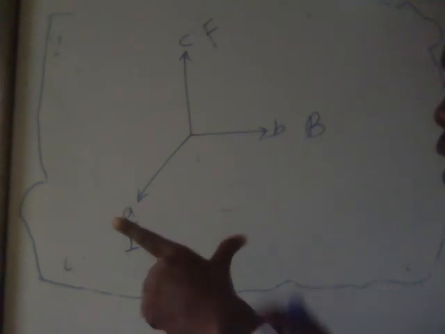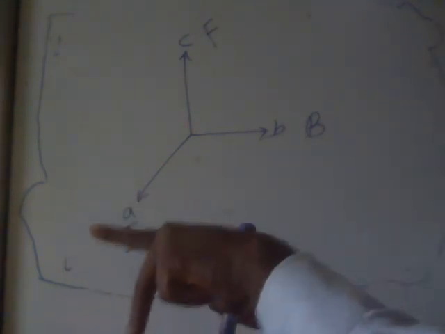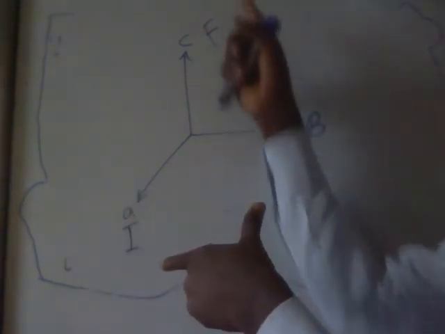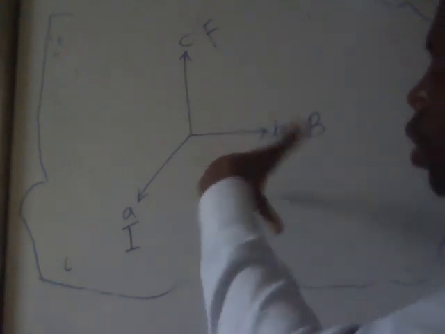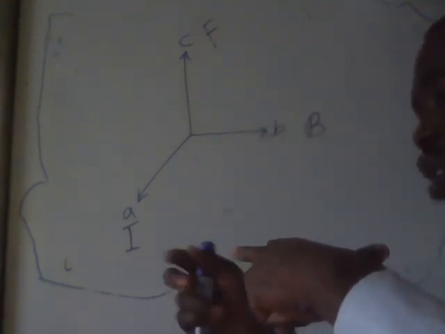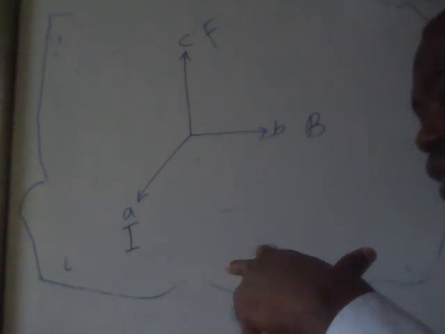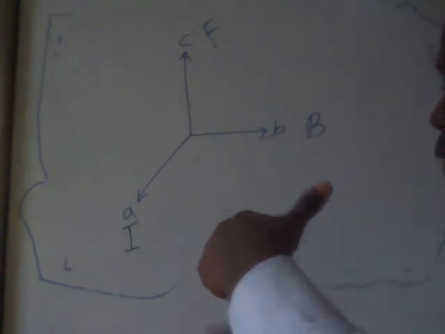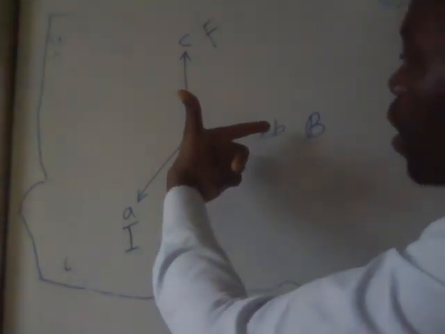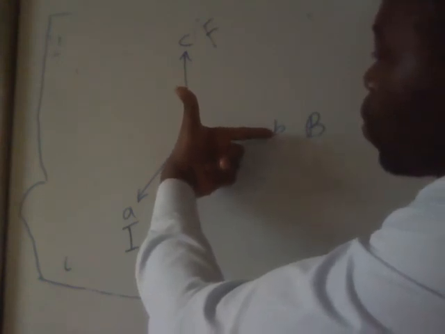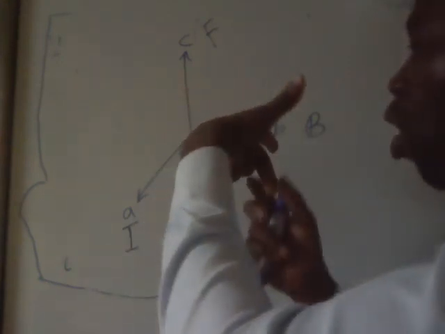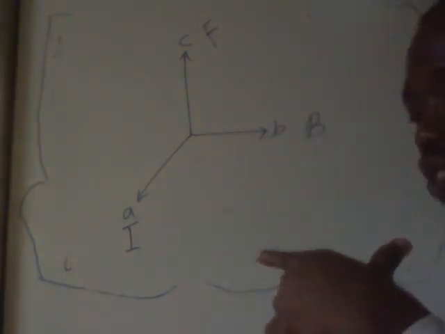Let's position it again. This thumb is motion, the force, up. And you know that always our forefinger is our field, and always our second finger is current.